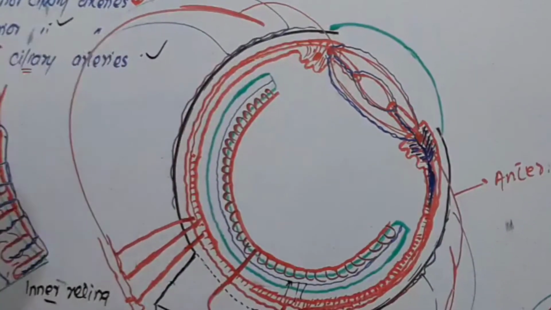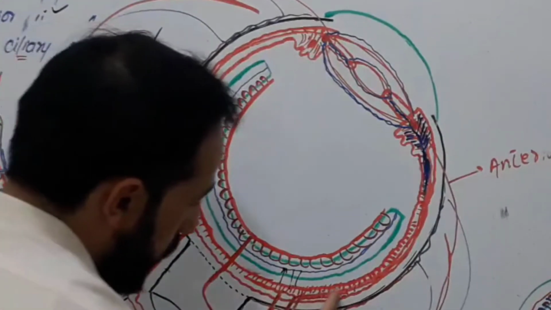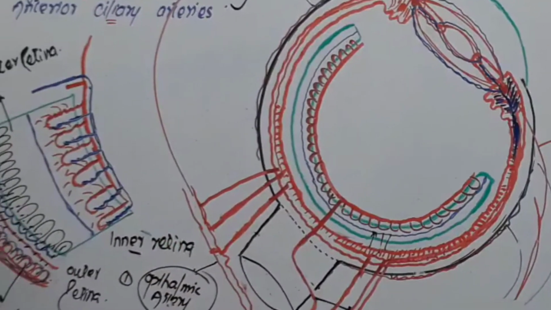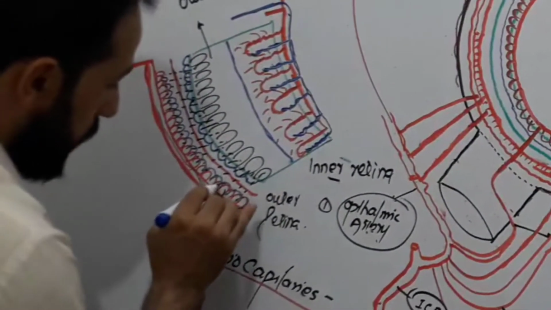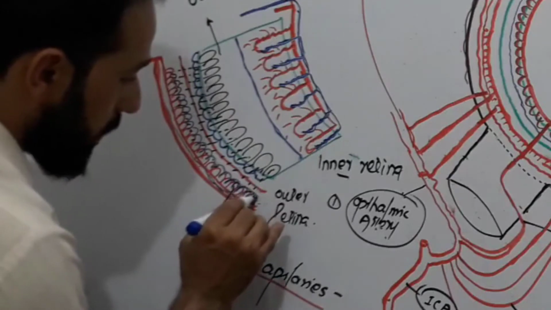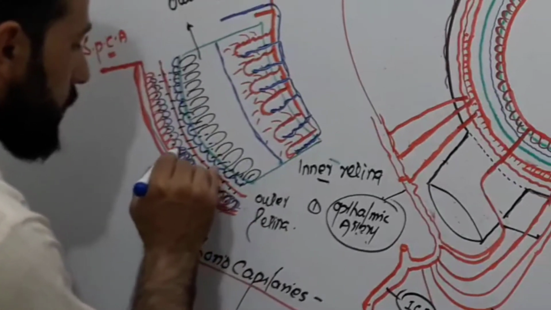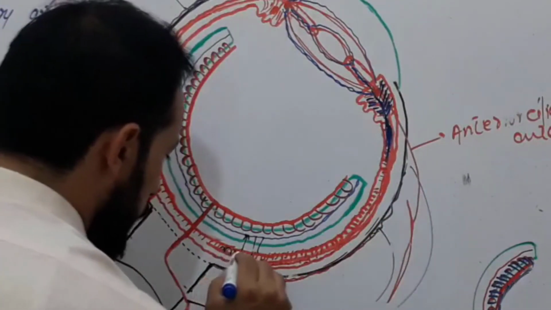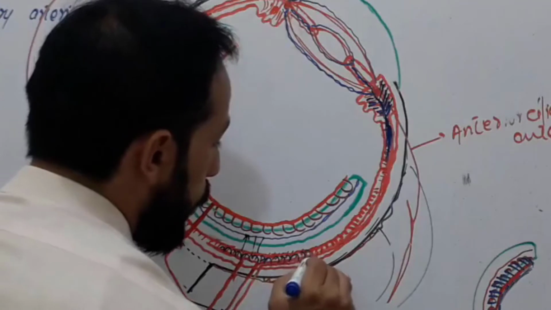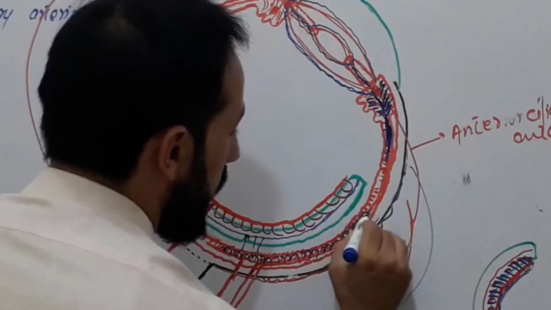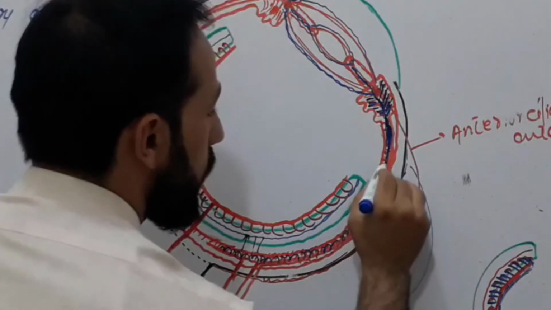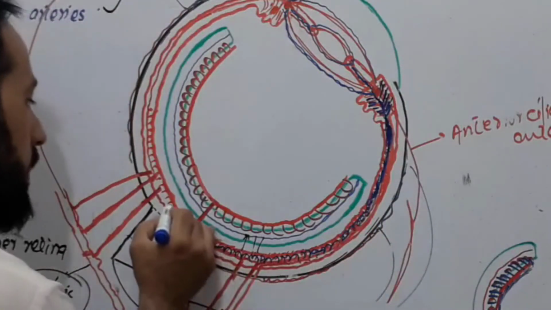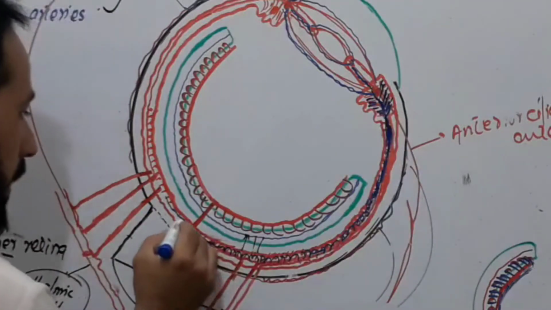Now what happens? Look carefully. Here we had told you that these are the choriocapillaries. These small branches, as I have shown here, are the choriocapillaries. Now the choriocapillaries will unite with the capillaries of the venous channels. These are the capillaries of your venous channels inside the choroidal layer, or inside the choroid, like this, and they will join with these veins which come out from the ciliary body and the iris.